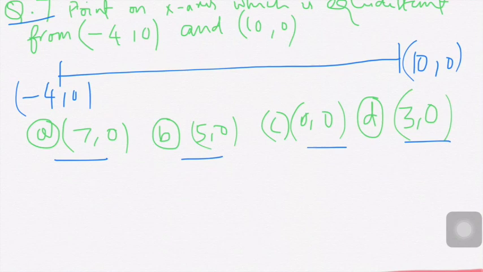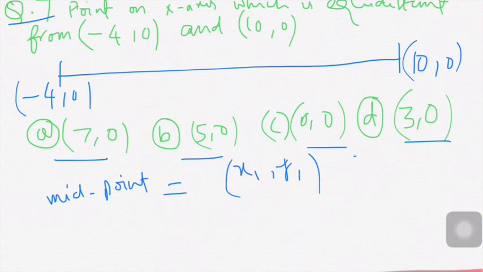The other one is to apply the formula of midpoint. So what is the formula of finding midpoint given 2 points? Let's say x1, y1 and x2, y2 is given.